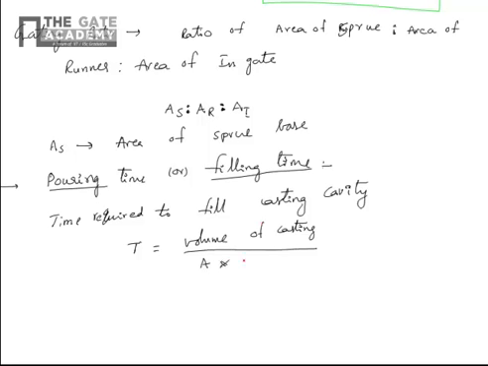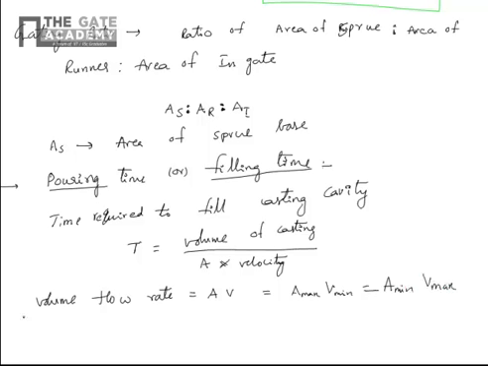Area into velocity is called volume flow rate, equal to A into V. That is equal to A max V minimum equal to A minimum V max.